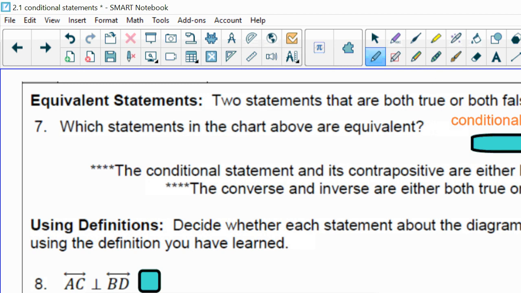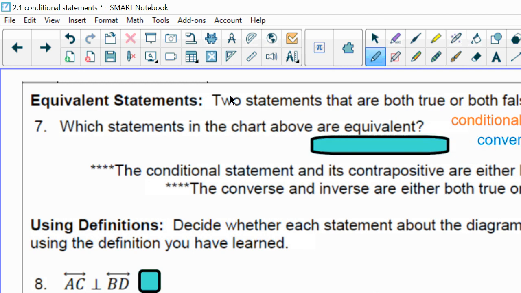Not always, but in our example. And then the converse and the inverse were both false in our case. It could be that they're both true, okay? The conditional statement and the contrapositive are both true or both false. And then the converse and inverse will be both true or both false.